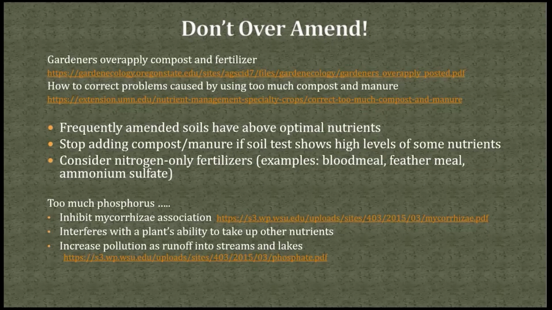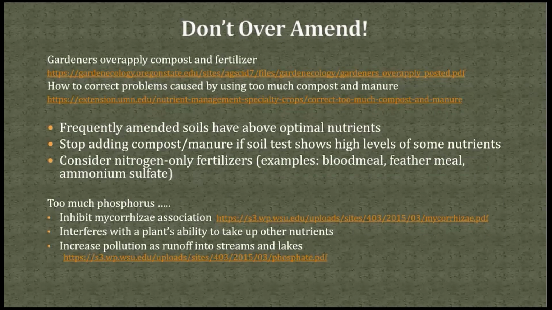The second problem with phosphorus is there are a number of studies showing super high levels will interfere with the plant's ability to take up other nutrients. So among the studies I looked at, high levels of phosphorus interfere with iron uptake in rhododendron, manganese uptake in peach, a variety of micronutrient uptake in macadamia.